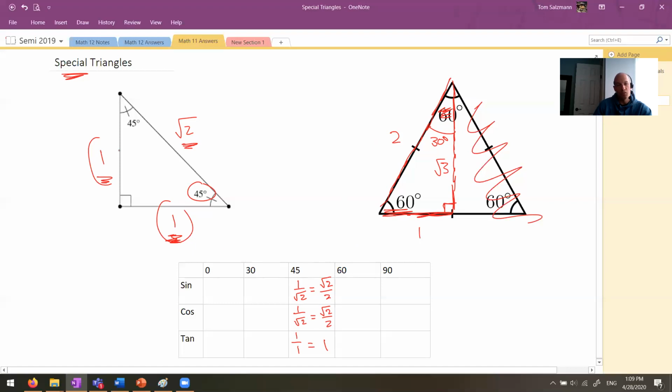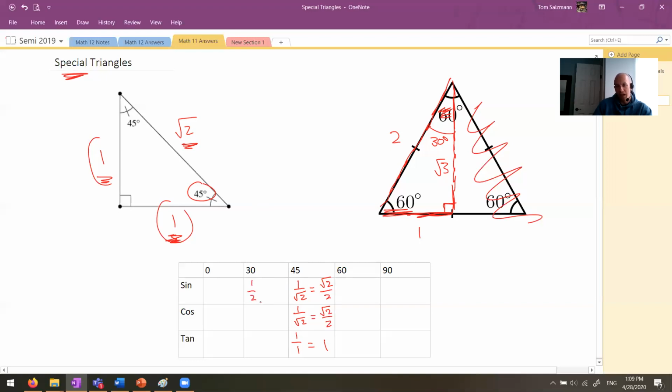We just figured out all the 45s for sine, cos, and tan, but let's go to the 30, 60, 90 triangle. So if I want sine of 30 degrees, I'm going to look over here, and the opposite side is all the way down here, so it's 1. And then the hypotenuse is 2, so for a 30-degree angle, the sine ratio is 1/2.